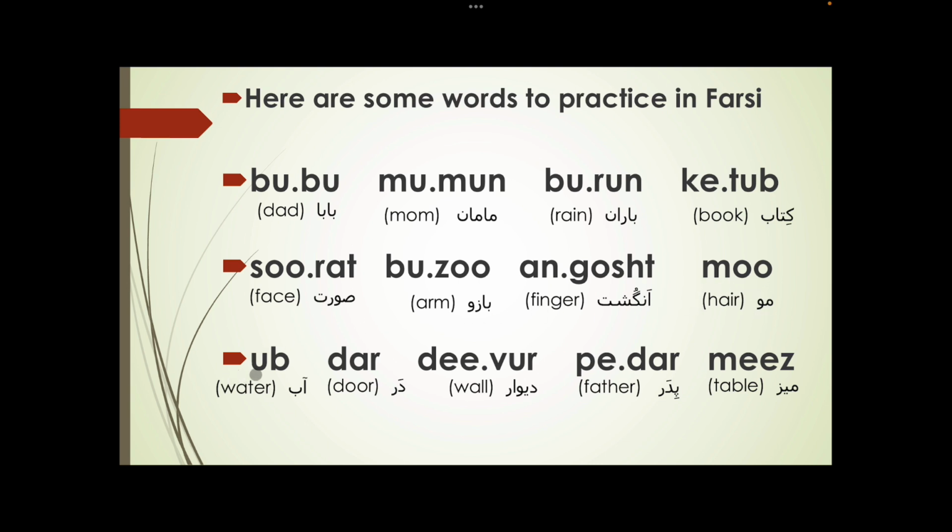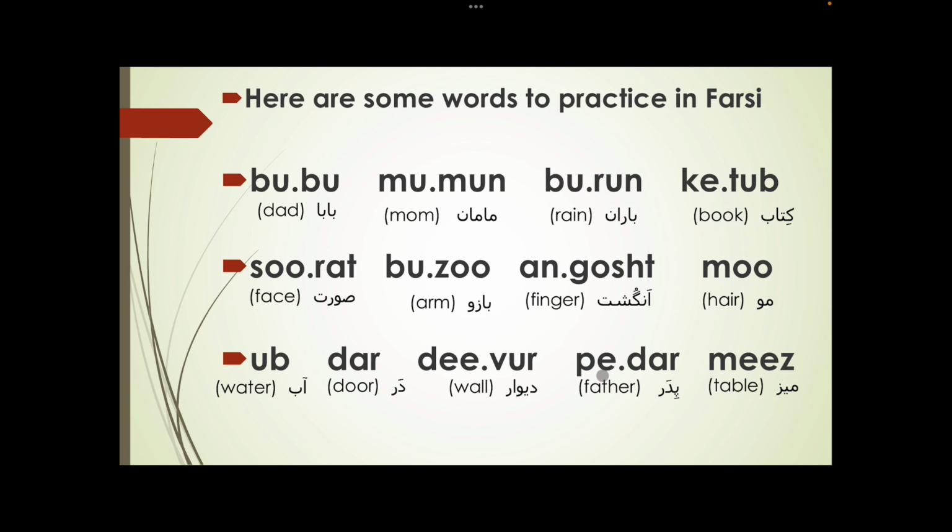How about this one? Also a one-syllable word. Ob, which means water. This one, dar, which means door. And now we're back to two-syllable words. So, divar, which means wall.